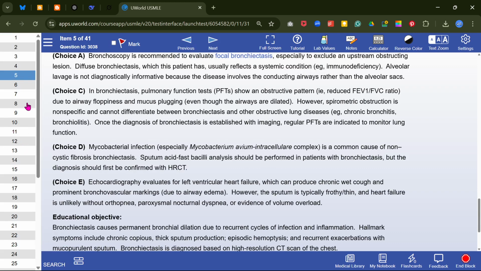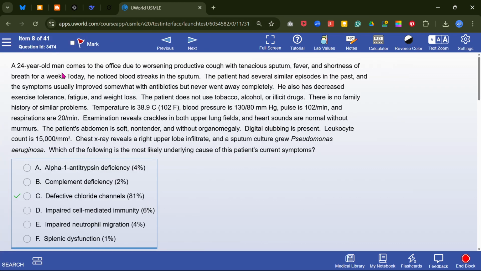Okay, look at the final question. This 24-year-old has worsening cough, tenacious sputum, fever, and shortness of breath for a week, with blood-streaked sputum. She has fever, blood pressure 130/80, respiration 20.